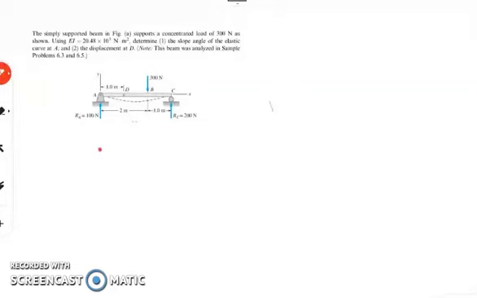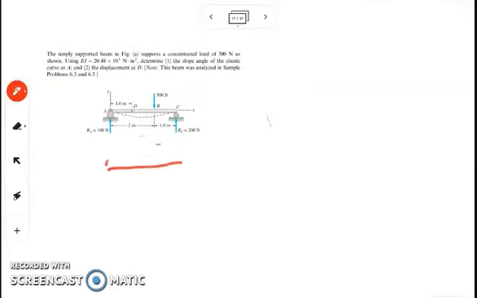We start with the concentrated load, which is 100 multiplied by our length, which is 2 plus 1 towards point C. Since this is a concentrated load, you're going to have a triangle. So we have now our triangle.